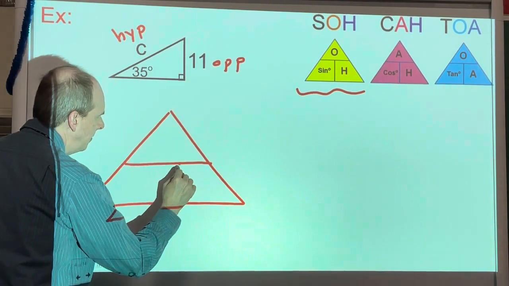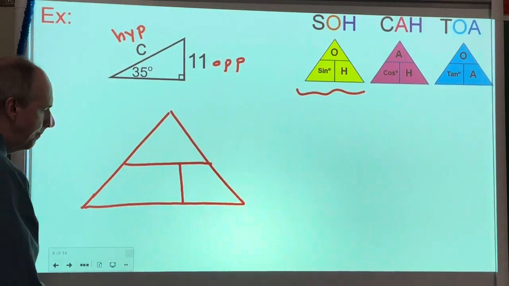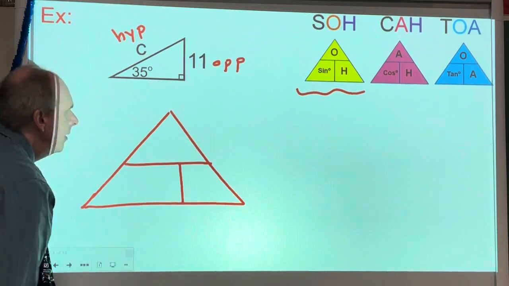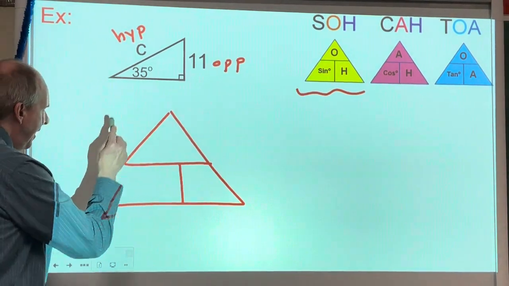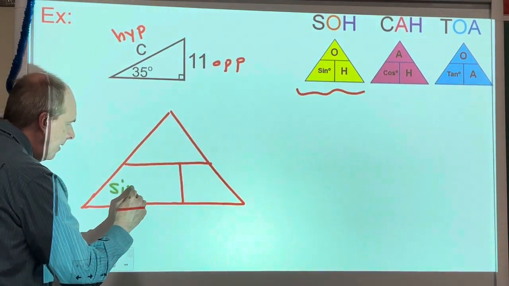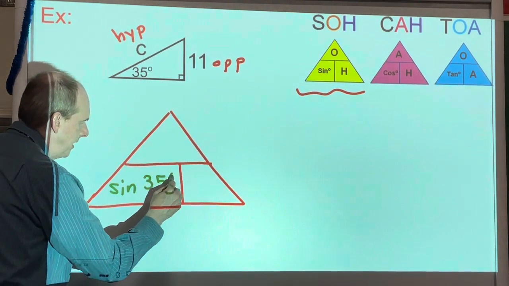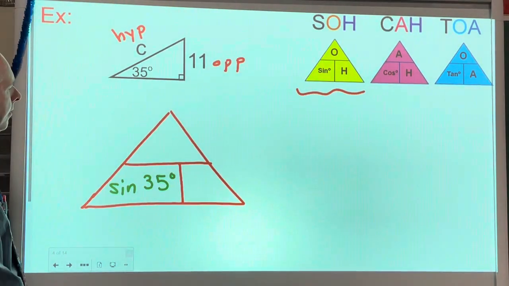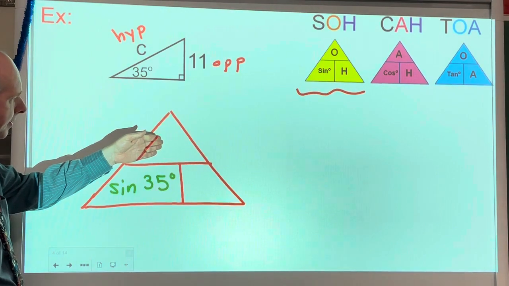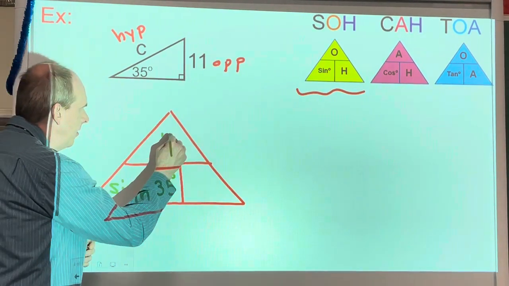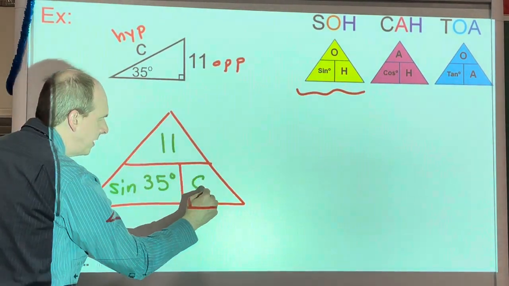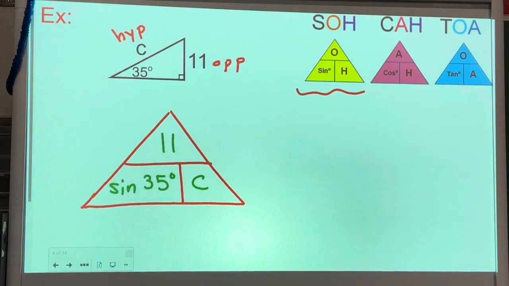And we're going to fill in the pieces we know. We know that we have an angle, sine of 35 degrees. We know that the opposite is 11 over the hypotenuse, which is C.